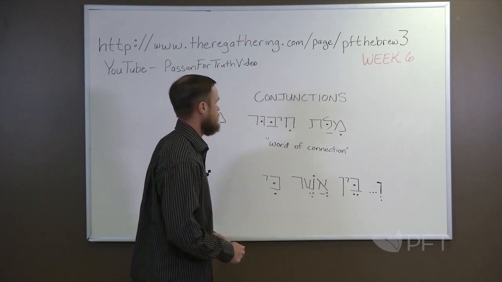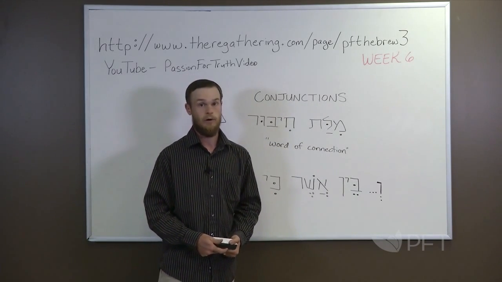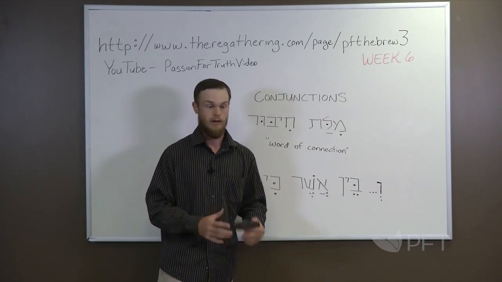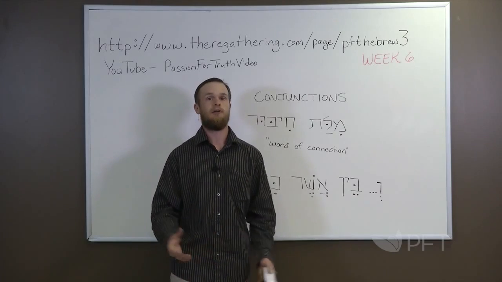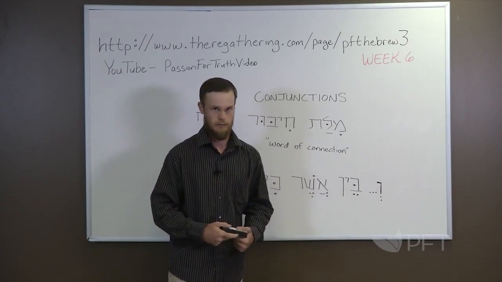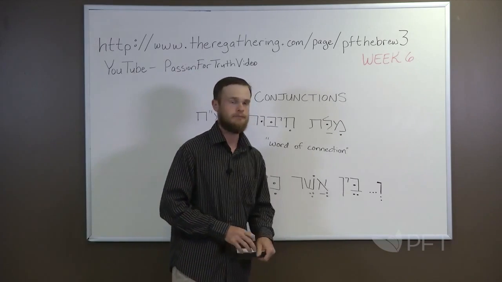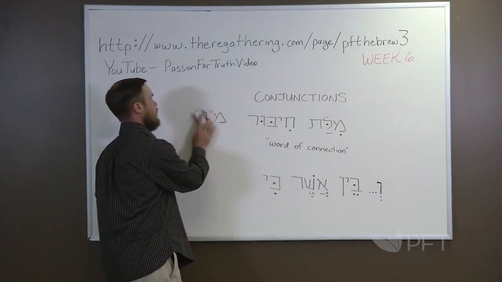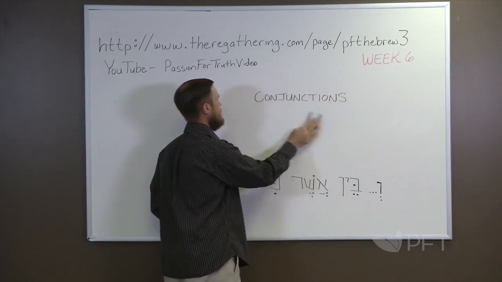The function of a conjunction is to connect two or more words in a sentence together. A preposition shows the relationship between two words. A conjunction serves to actually connect those words together. And the difference you'll see in a moment. There are 3 conjunctions that I wish to elaborate on today.